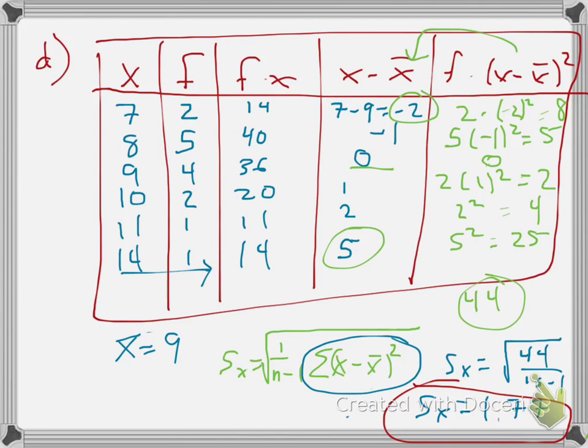And let's not forget the relationship, this is the standard deviation. If I were to ask for the variance, hypothetically speaking, my handwriting's getting bad, the variance here is going to be s sub x squared, so it's just that same number, 1.77 squared.